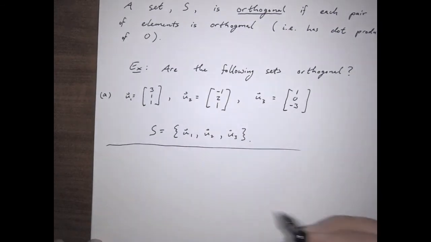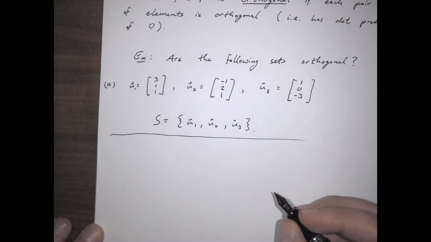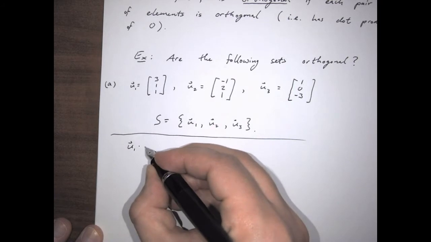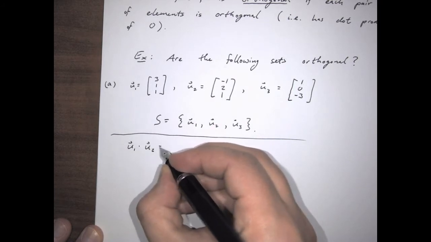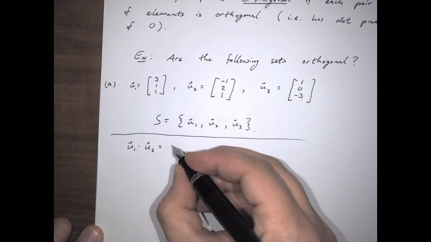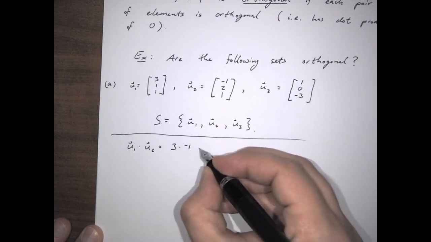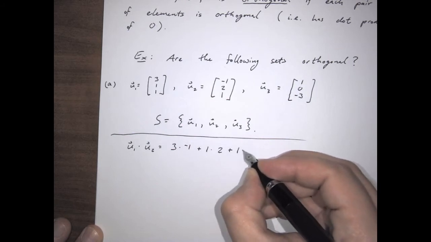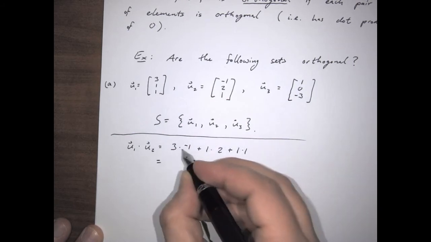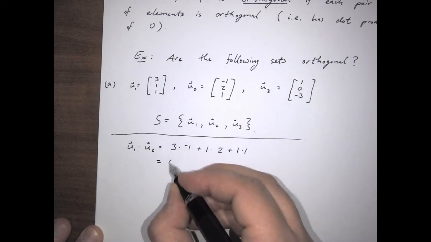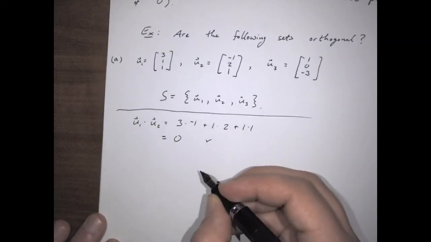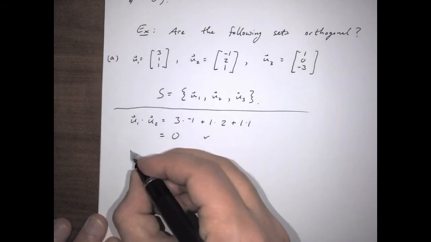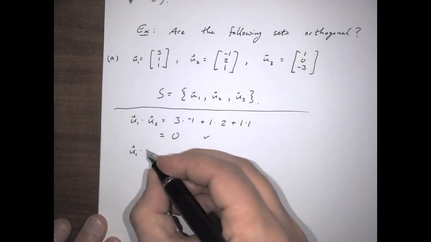Alright, well, I just gotta compute them pair by pair. So U1 dot U2. It's just a dot product, so it's going to be 3 times -1 plus 1 times 2 plus 1 times 1. That equals -3 plus 2 plus 1 equals 0. Check. How about U1 dot U3?